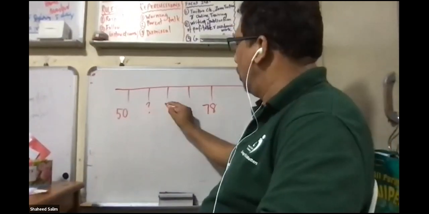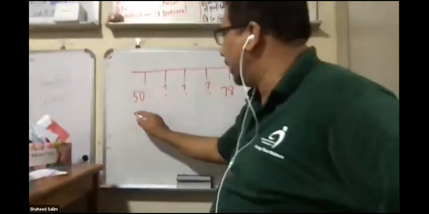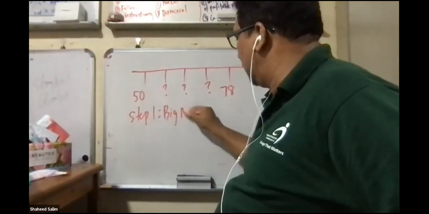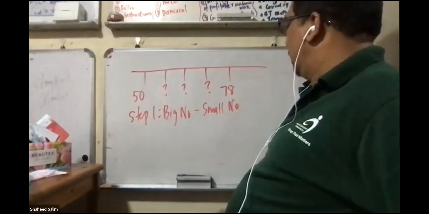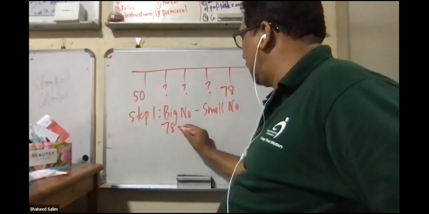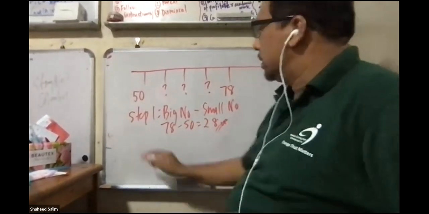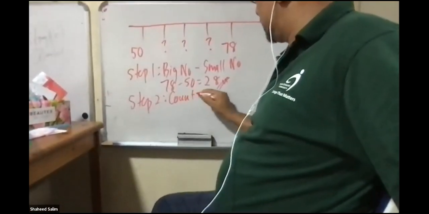Okay, watch. Step 1: big number minus small number. Big number 78 minus 50 gets 28. Step 2: count the parts.